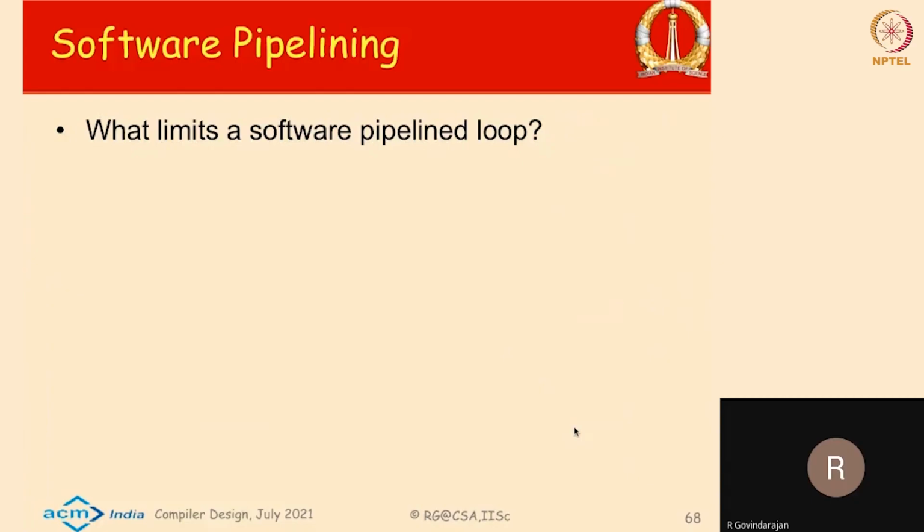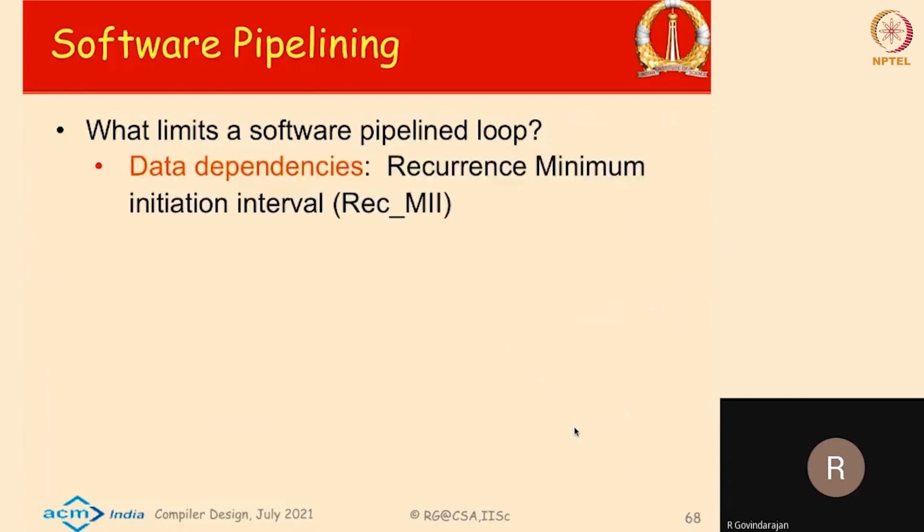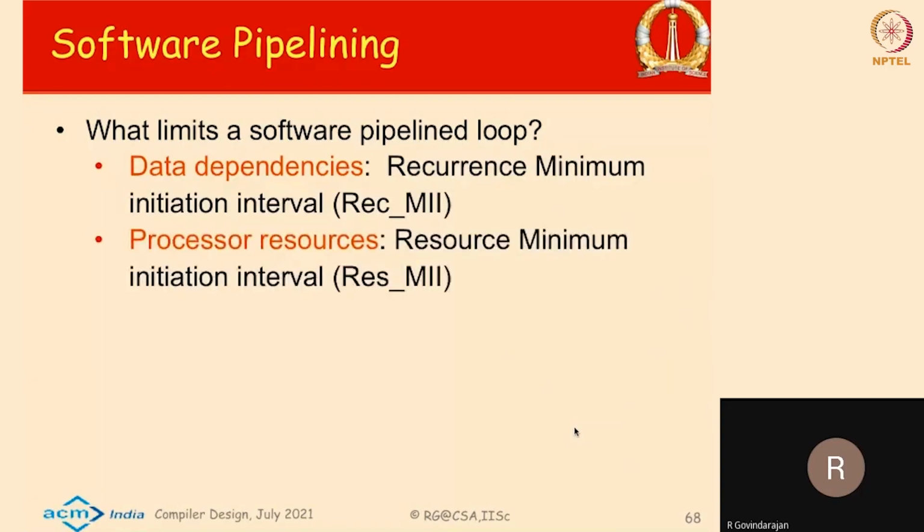The initiation interval is limited by two things: one is the data dependence, another is the resource constraint, due to processor resources. These pose two values, called the recurrence minimum initiation interval and the resource minimum initiation interval, which are the lower bounds for the initiation interval. And the larger of the two would be your initiation interval.